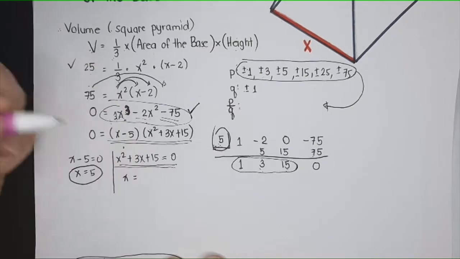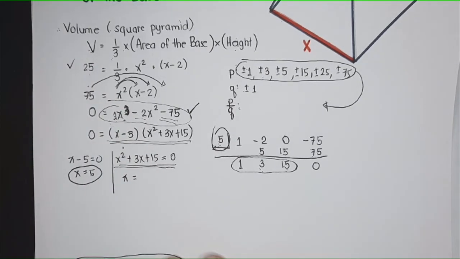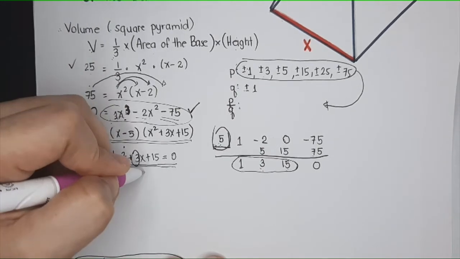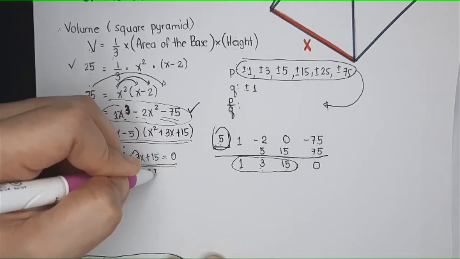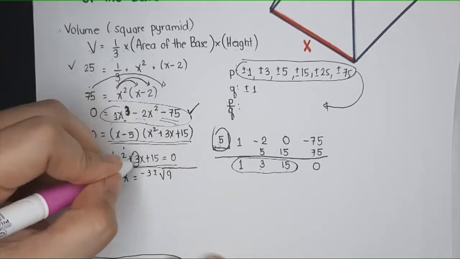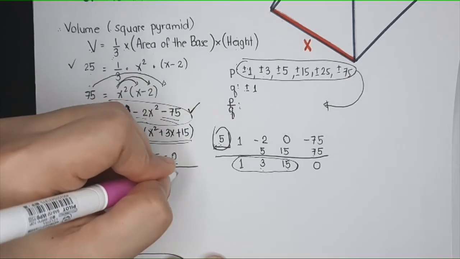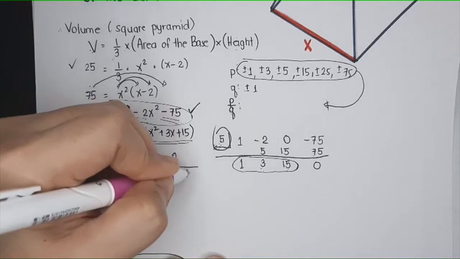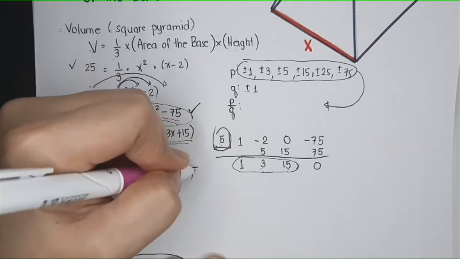So, let's do it. Okay, diretso na, substitute. You recall the quadratic formula. So, negative of b. Ito yung b. Okay? So, negative 3 plus minus the square root of b squared. So, 9. Okay? B squared minus 4. What is a? 1. And what is c? 15.